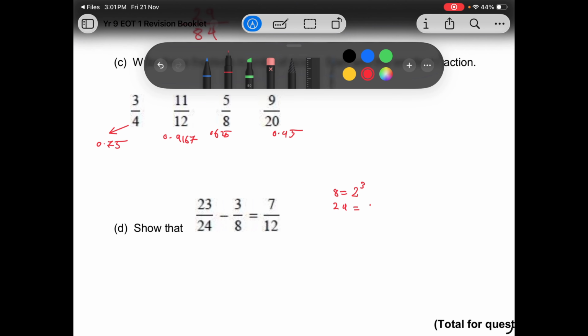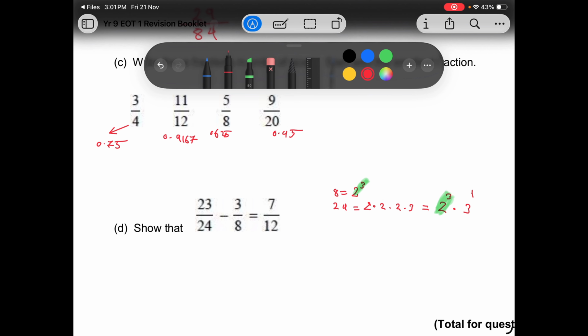I'm talking about what? 2 to the power 2 times 2 times 2 times 3, right? Which is obviously 2 to the power of 3 times 3 to the power of 1. So look, guys, I have here the prime factors. I have here 2 to the 3, I have here 2 to the 3 and 3 to the power of 1.